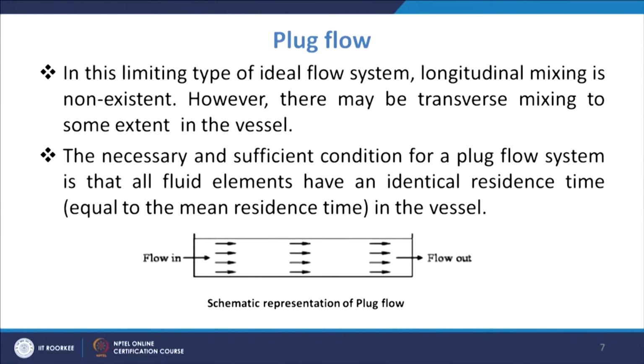Now, coming to the discussion about the plug flow. In this type of limiting ideal flow system, the longitudinal mixing is non-existent. What we normally define is the metal, the tracer, which has gone in.